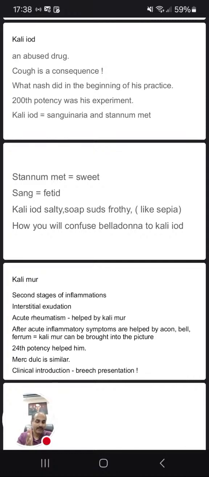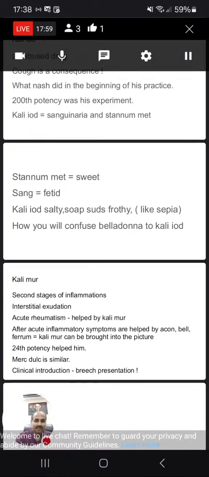For Kali muriaticum, his last explanation is that this remedy has come more into practice by clinical introduction rather than provings, and that is what Hering calls it, a remedy born by clinical presentation. He gives very beautiful analogies in the different remedies, and how we can take inspiration from those remedies and take our practice further.